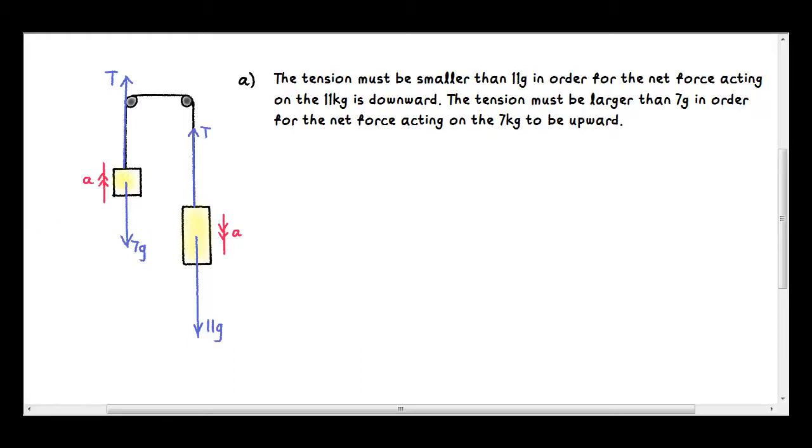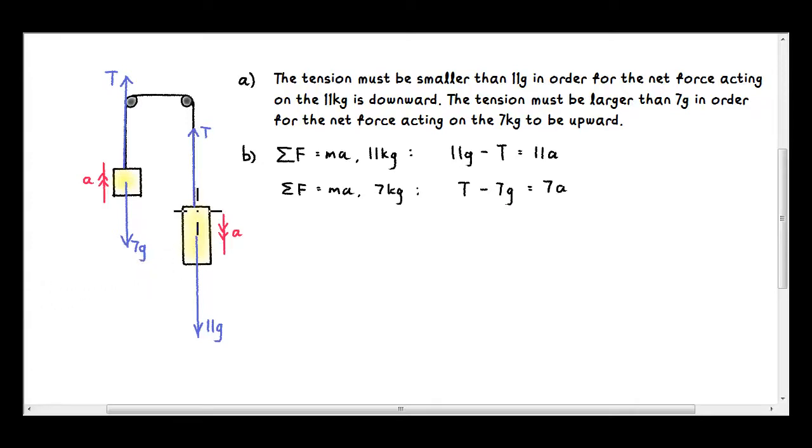In the next part, we are supposed to calculate the tension in the string. To do that, we simply have to apply Newton's second law on the 11 kilogram block and then on the 7 kilogram block separately. So for the 11 kilogram block, since the acceleration is downward, we are going to take the downward 11g minus the upward tension and equate it to the 11 kilogram times its acceleration.